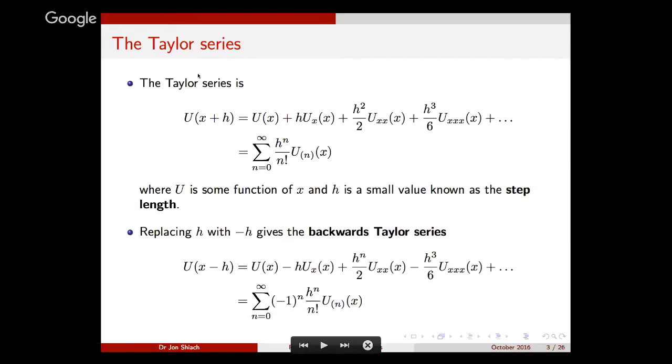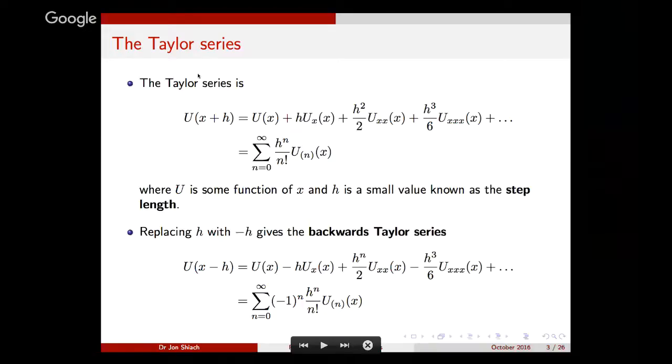In the Taylor series, we can express this as a summation of u and the derivatives of u. So I've got u(x) plus h times the first order derivative, plus h squared over 2 times the second order derivative, plus h cubed over 3 factorial, which is 6, times the third derivative, etc. We can go on forever, for an infinite number of terms.